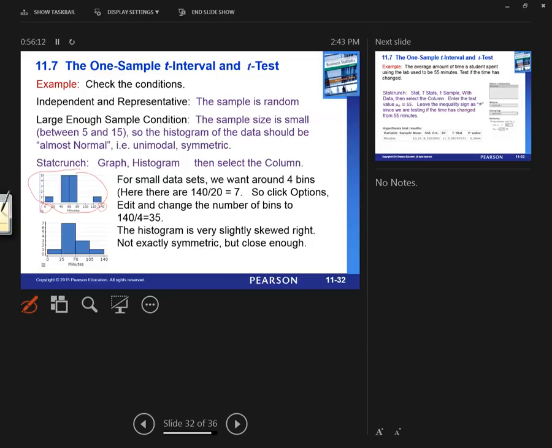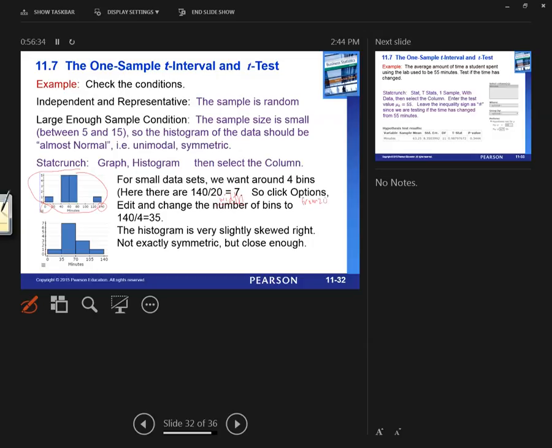And so I just went back, I put options, edit, and I changed not the number of bins, I changed the width of the bins. So the bin width, instead of being what it was, here it's 20, so from 20 to 35.